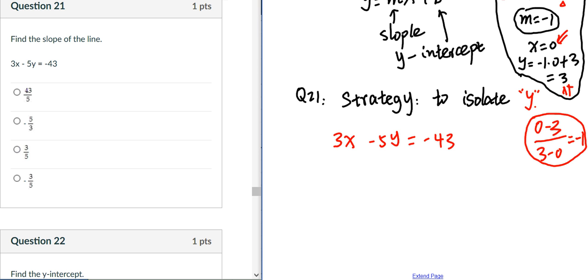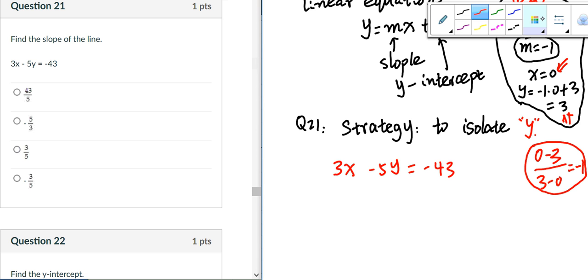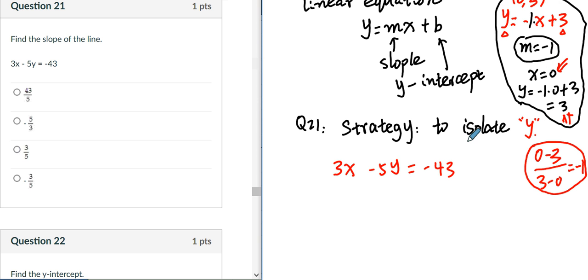Y is on the left-hand side. But you know, we learned some algebra, right? So what we want to do is isolate y. How to do that?